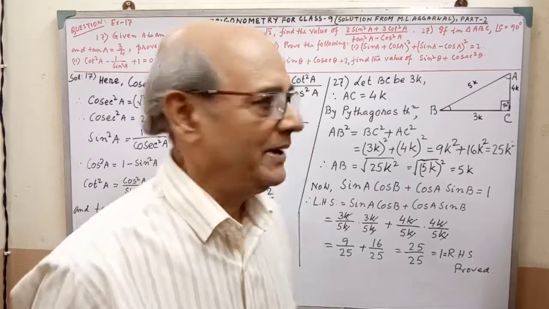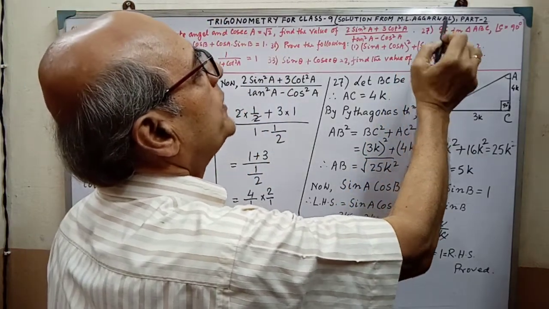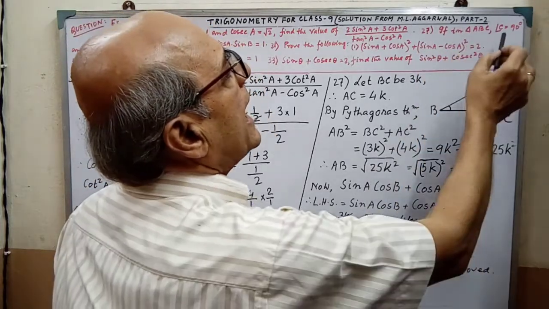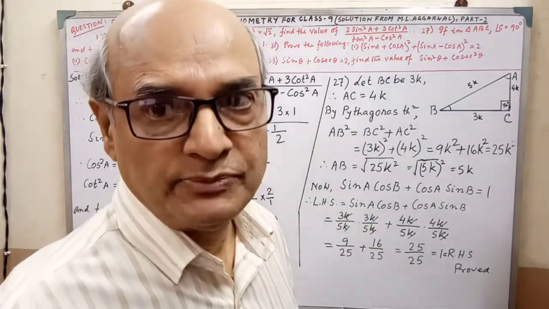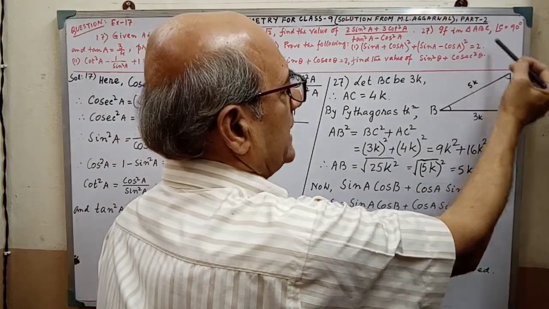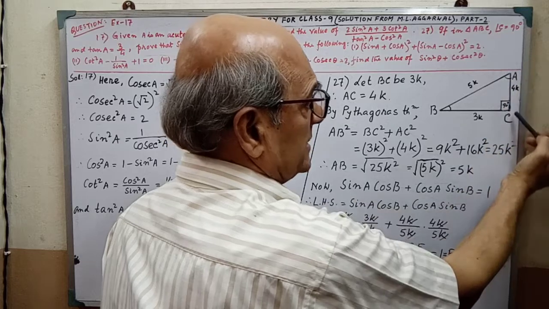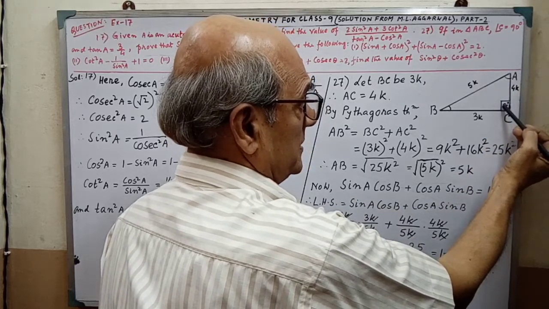Now the second sum, sum number 27. If in triangle ABC, angle C equals 90 degrees. The diagram is not given, but you have to draw the diagram. According to the question, in triangle ABC, angle C is 90 degrees, so at C you have to take 90 degrees.